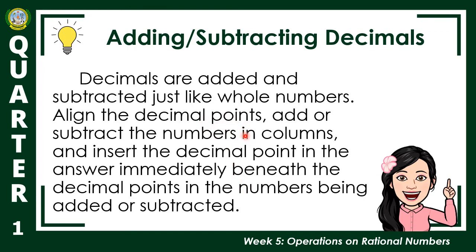And of course, dahil ang pinag-uusapan natin dito ay rational numbers and meron na rin po tayong mga negative na decimals, of course, we need to apply yung rules natin kapag nag-add or subtract tayo ng signed numbers. So, yun po ay na-discuss na po natin nung mga nakaraan. Okay?